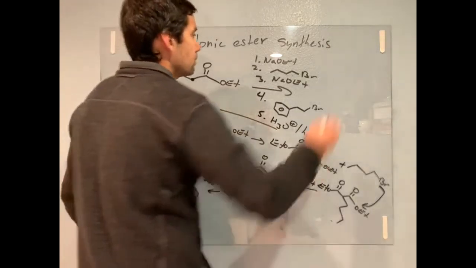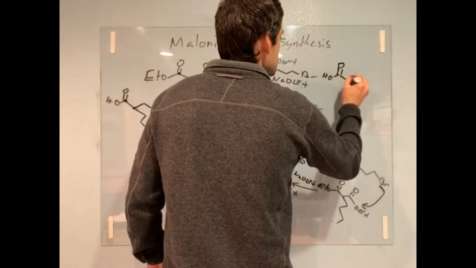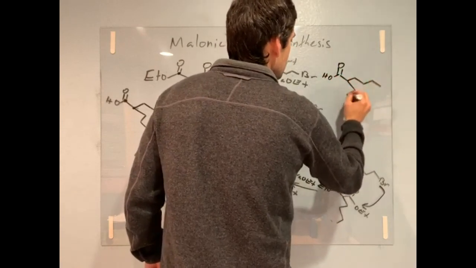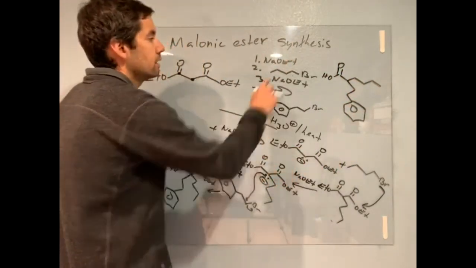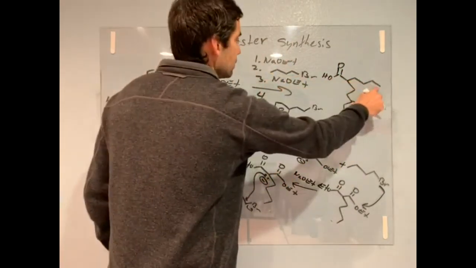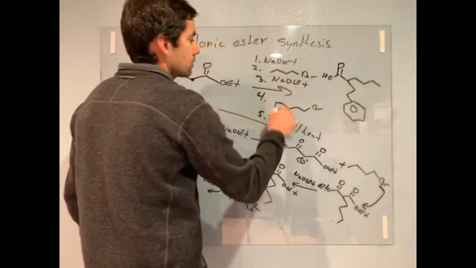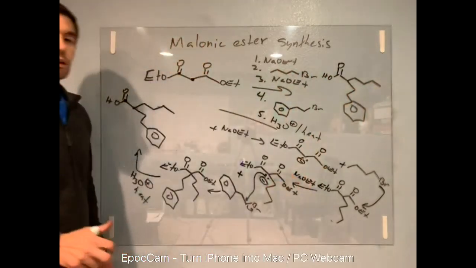So we can get our carboxylic acid. We can get this molecule here, or this piece here, and this one down here, and then our ring structure here. Okay?